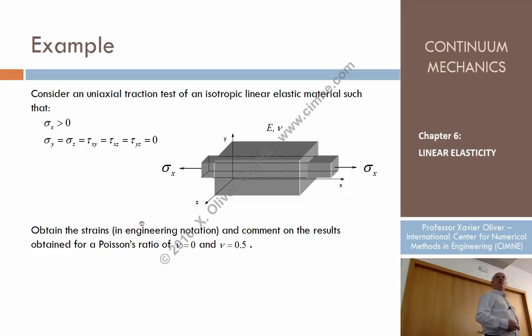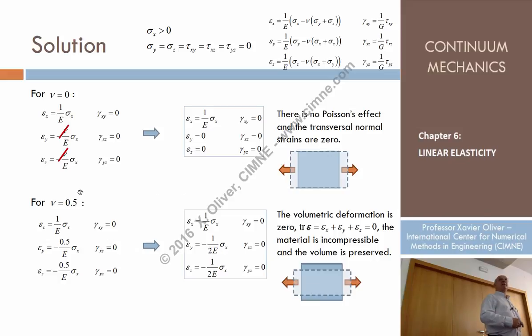Okay? It's the only case in which this happens. Because you understand that for nu equals 0, since there is no shrinkage, we increase the volume. Okay? And we change the density, but since the strains are small, this decrease of density is negligible, so we always consider density has not changed. But this is important because we realize that nu equal 0.5 corresponds to an elastic material which is incompressible.